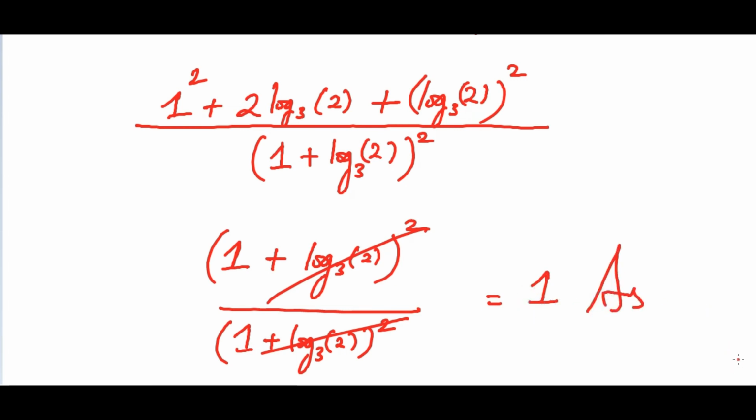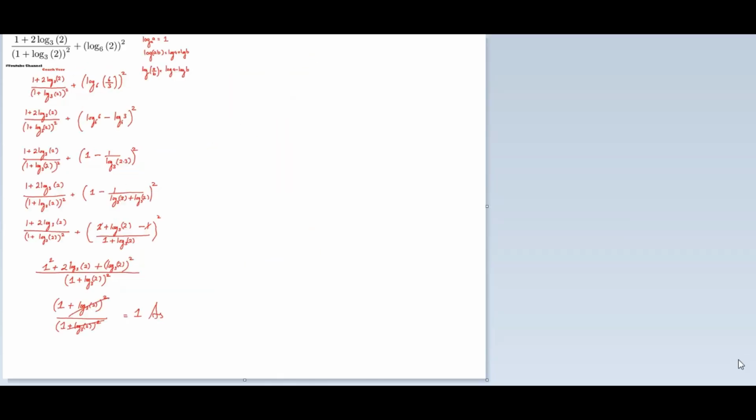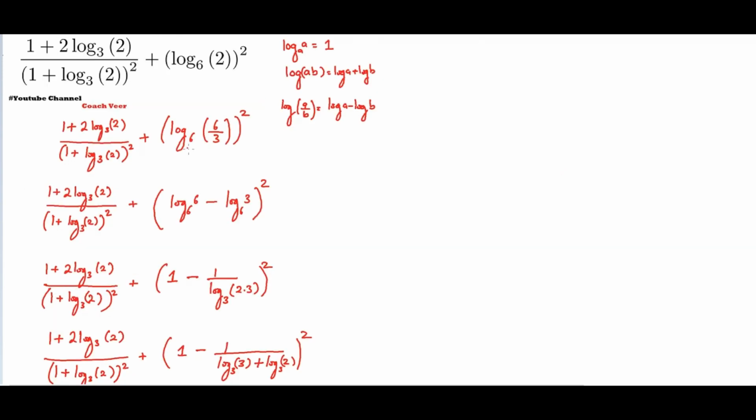Hope this is clear to you, and if you want a quick review, I will show you what I have done. So here you can see, first I have changed this 2 as 6 by 3, and then I separated it with this property. After that, this is being in the denominator and change the base.